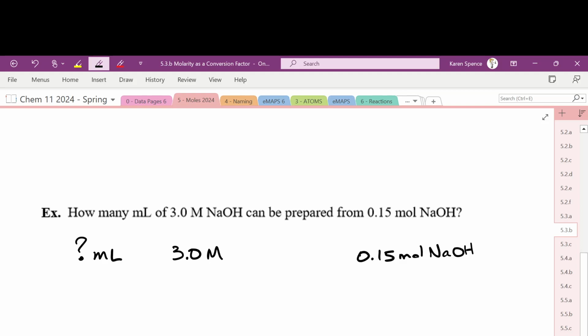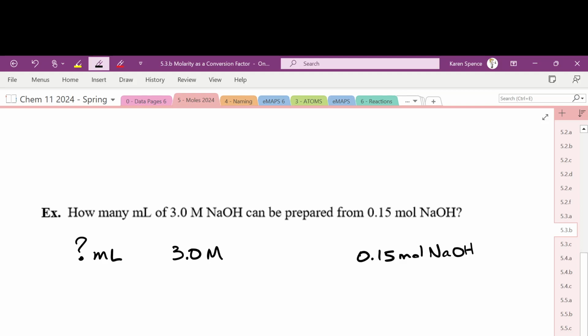So remember, you want to rewrite that as moles over liters, right? And M stands for molar, so you want mol. There you go, moles over liters. Now, how are you going to cancel your units so you end up with liters on the top?